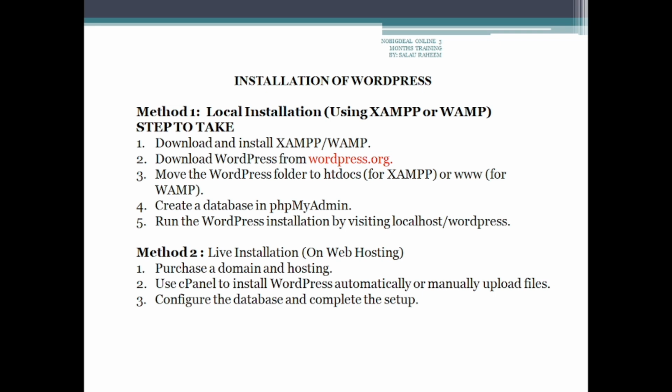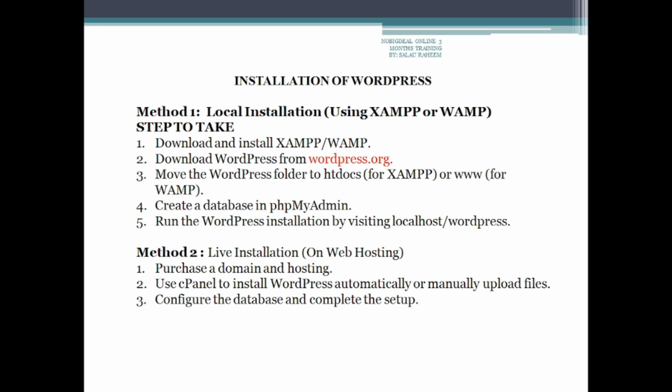The next thing you need to do is, the WordPress folder you downloaded, you now move it to htdocs. That means if you are using XAMPP. But if you are using WAMP, the WordPress folder, you now move it to www.